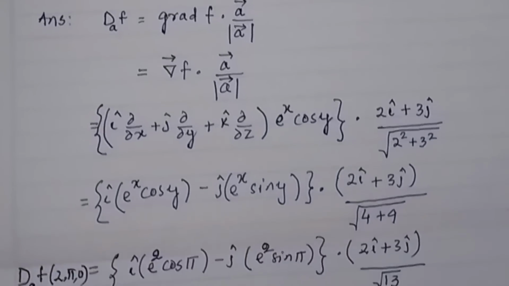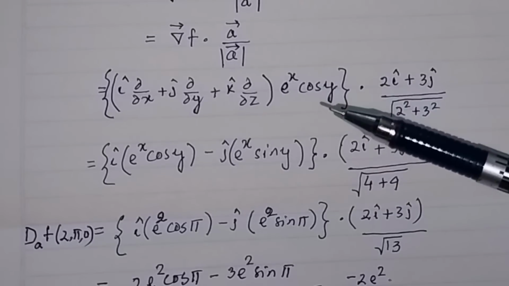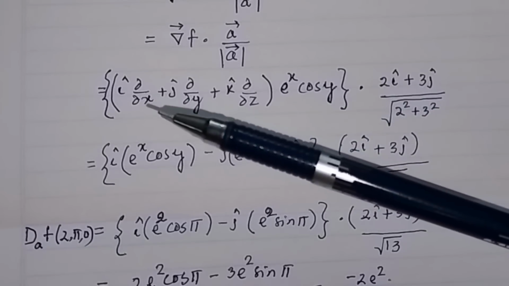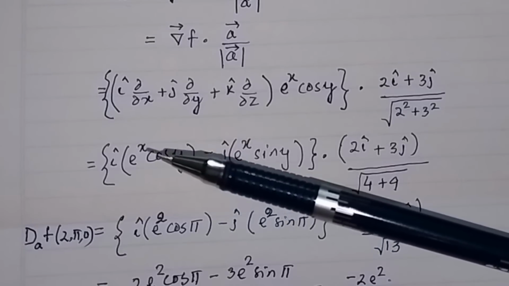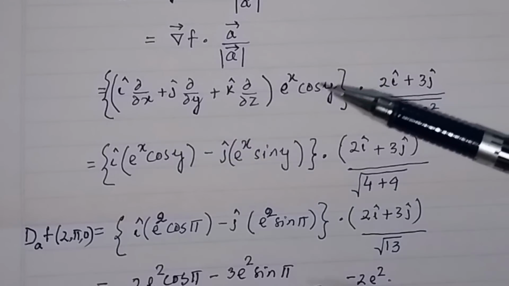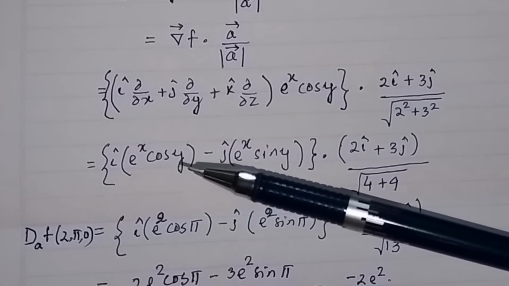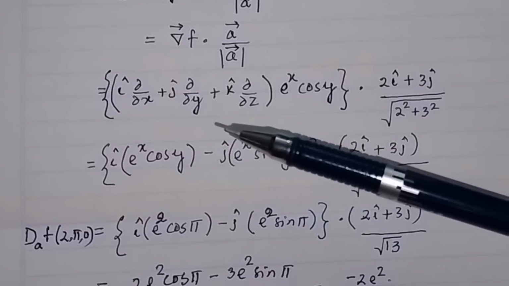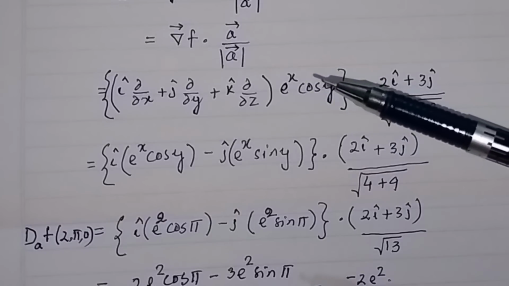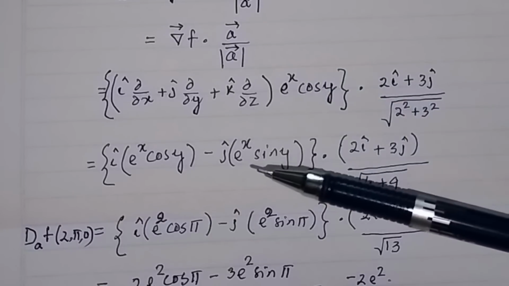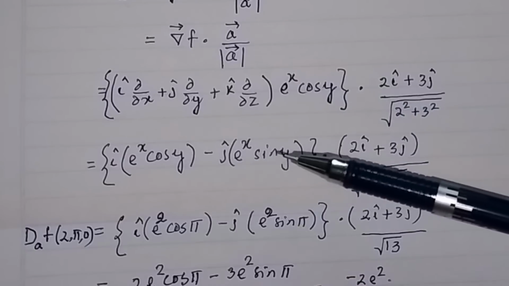If you take the partial derivative of the scalar function e to the power x cos y with respect to x, this will be equal to e to the power x cos y, because the derivative of e to the power x is e to the power x. Then minus, if you take the partial derivative with respect to y, this will be e to the power x, and the derivative of cos y is minus sin y.